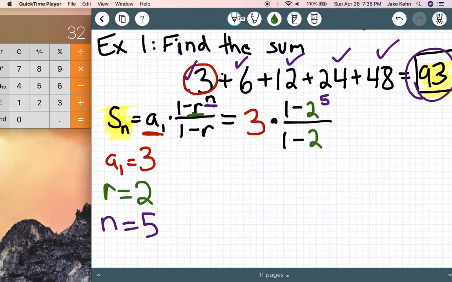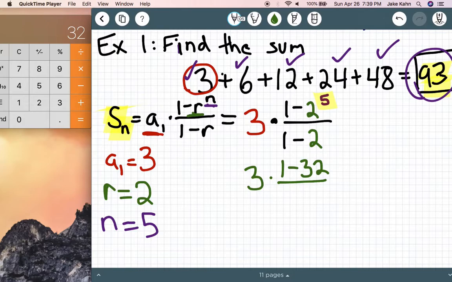Please make sure when you are simplifying that you follow the order of operations. But other than that, it's pretty straightforward. You can use a calculator to assist you. Do that exponent on top first, this exponent right here, okay? Simplifying, moving forward, 3 times 1 minus 2 to the 5th. Go into your calculator or just do it in your head. 2 times 2 times 2 times 2 times 2. 2 to the 5th is equal to 32.